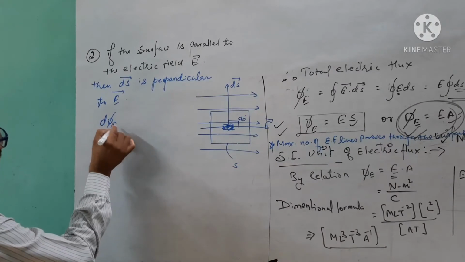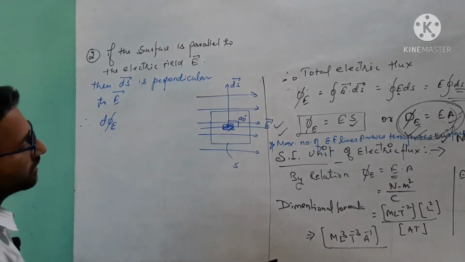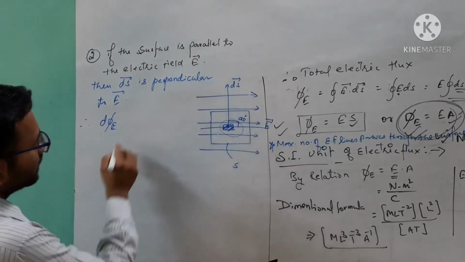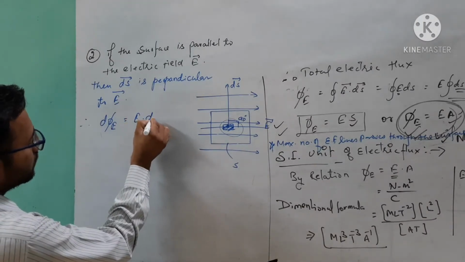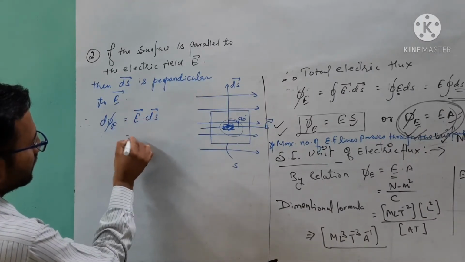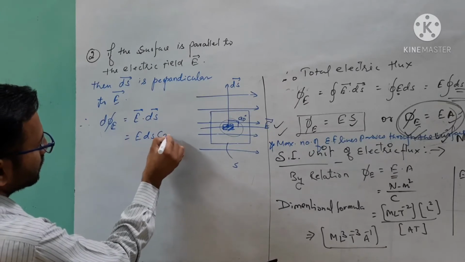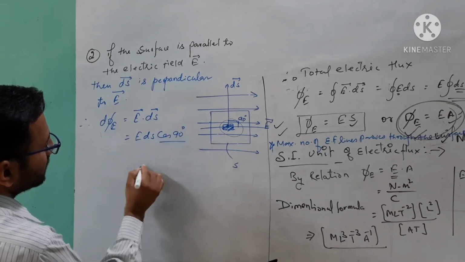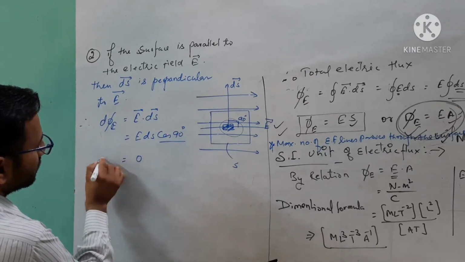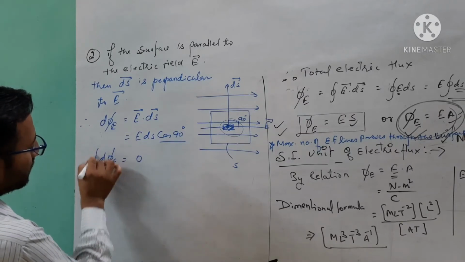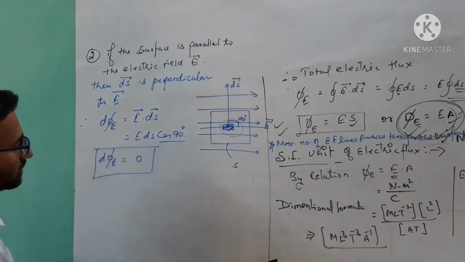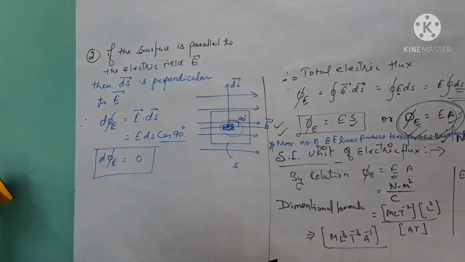So d phi E, which is our electric flux regarding this elementary area, is equal to E dot ds, in the next step E ds cos 90, and you know that cos 90 is equal to 0, so the electric flux regarding this elementary surface is 0.